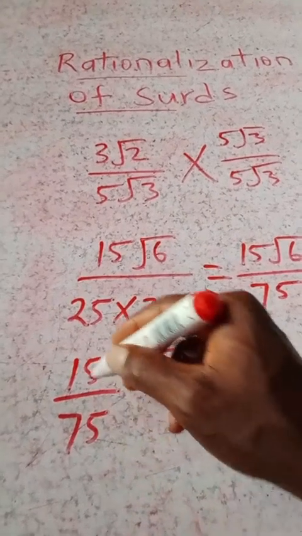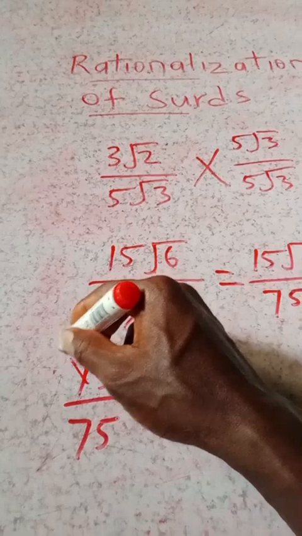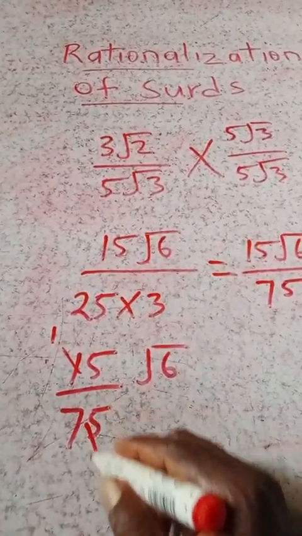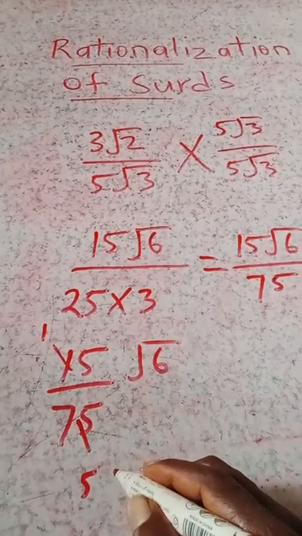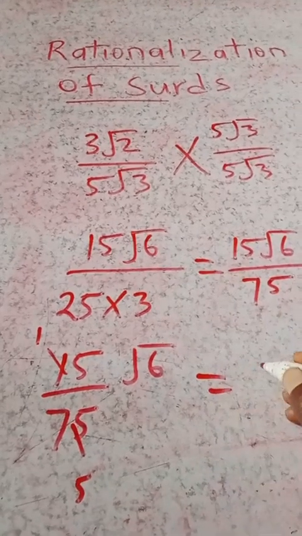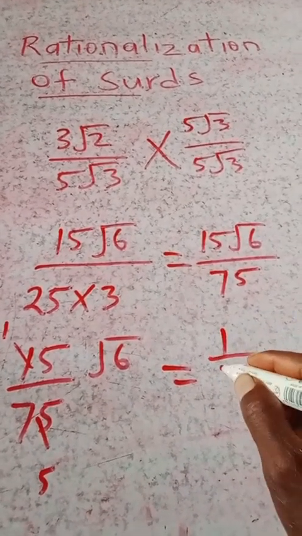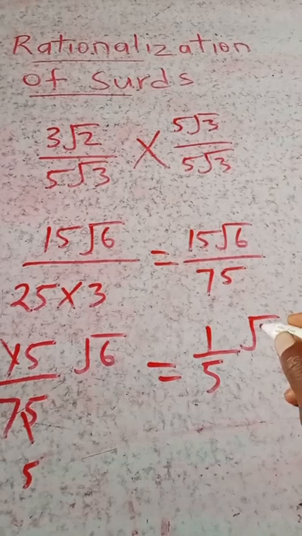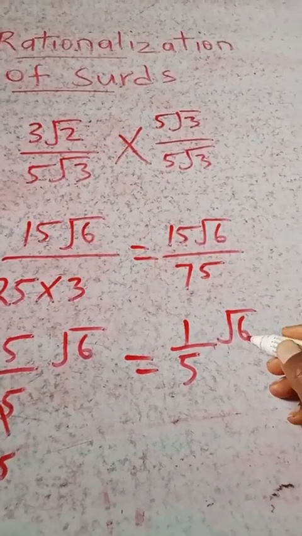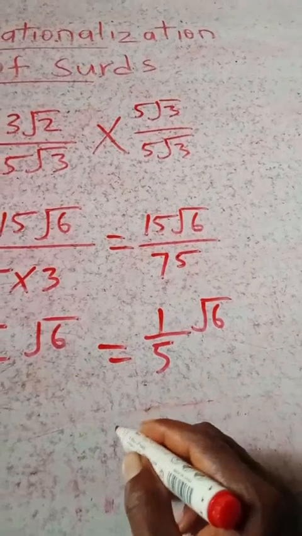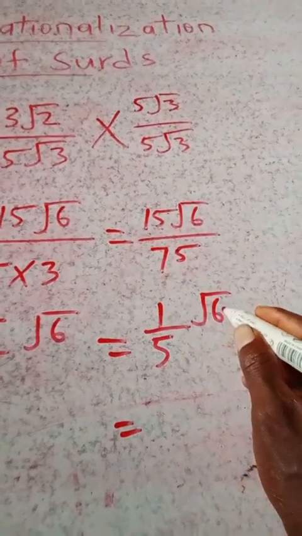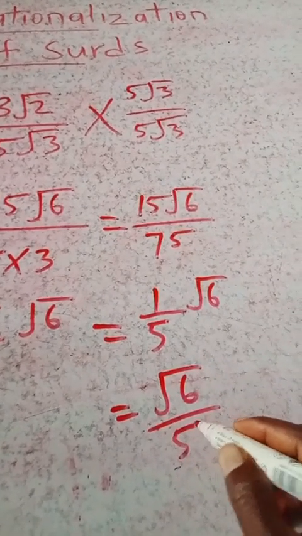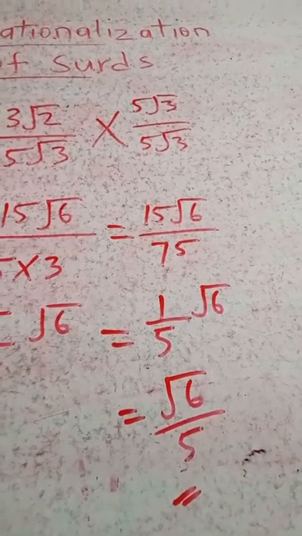For instance, 15 can go into 75 5 times, so this will be 1 over 5, root 6. Or better still, it is the same as 1 times root 6, so you can write root 6 all over 5. That is the answer. Are you getting it?